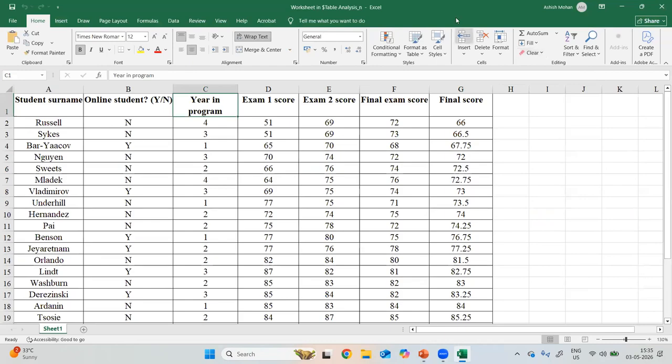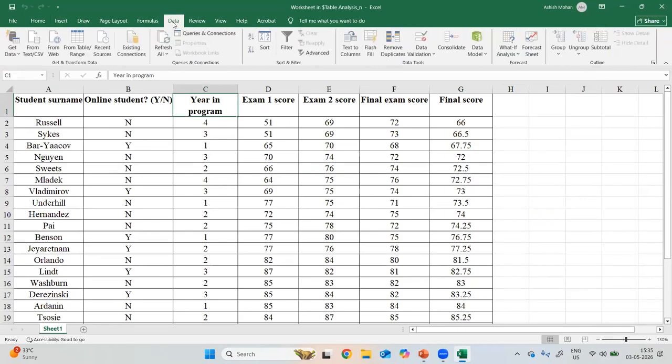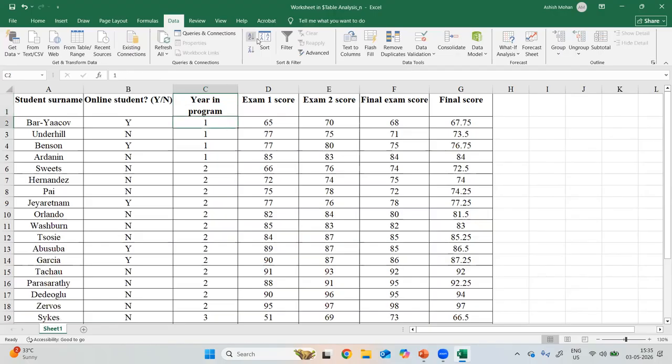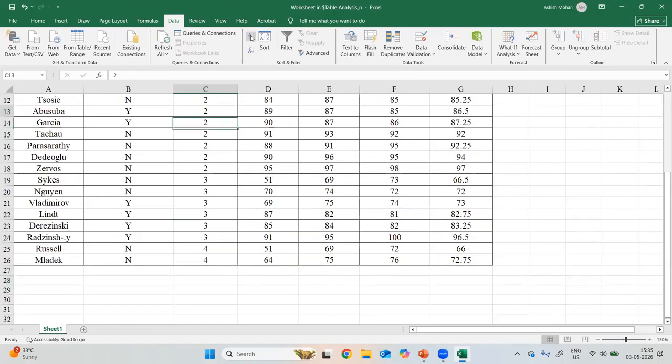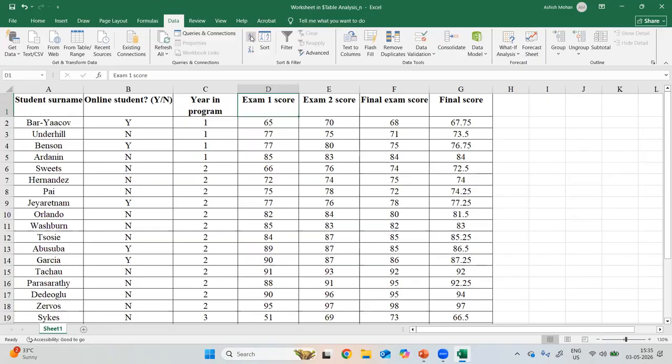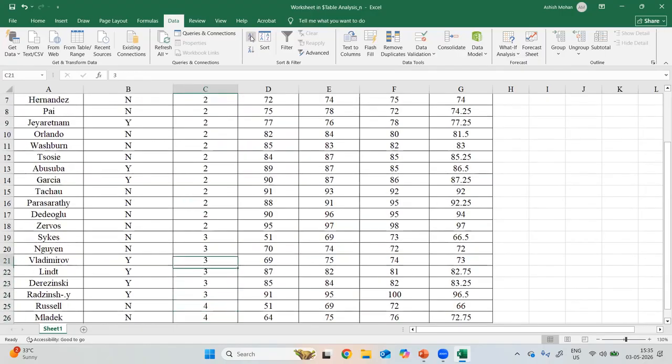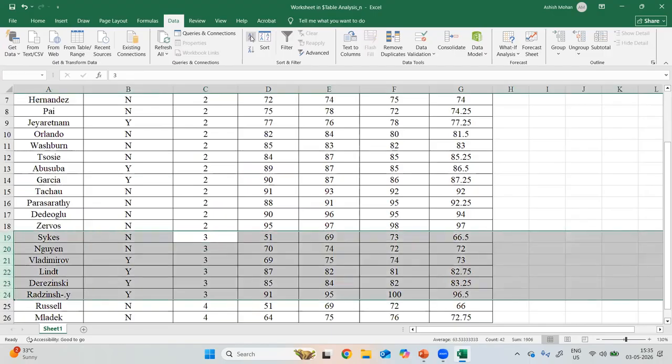So we will first sort by the year, right? Once we sort by year, we scroll down and come to year 3, right? And mind you, these are the exam one scores. So if you look at year 3, from here to here, what is the minimum exam one score? 51.